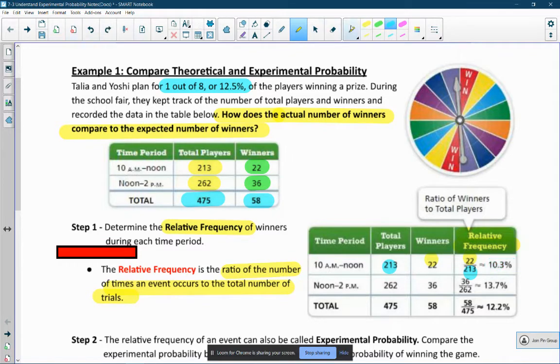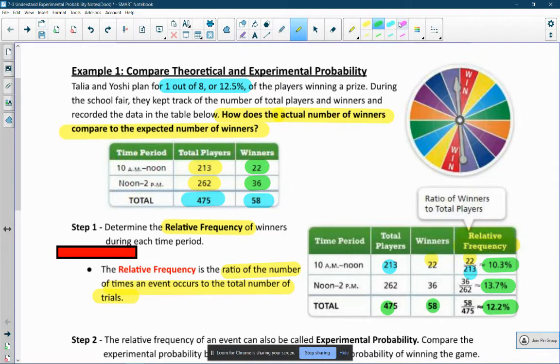From noon to 2, we get 13.7. And when we put them together, we have our total 58 winners, 475 total players. We get 12.2%.